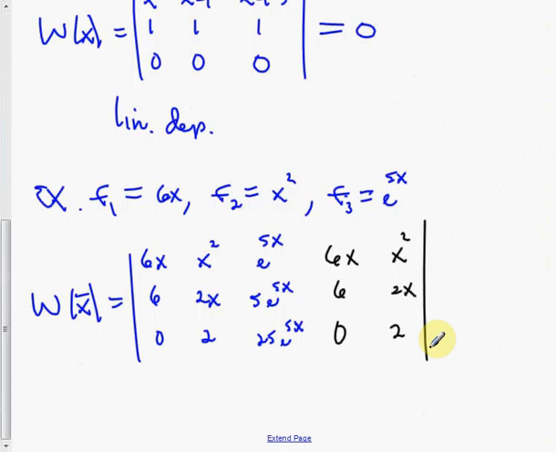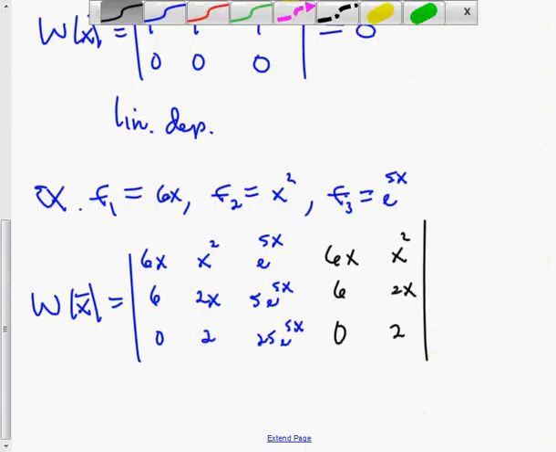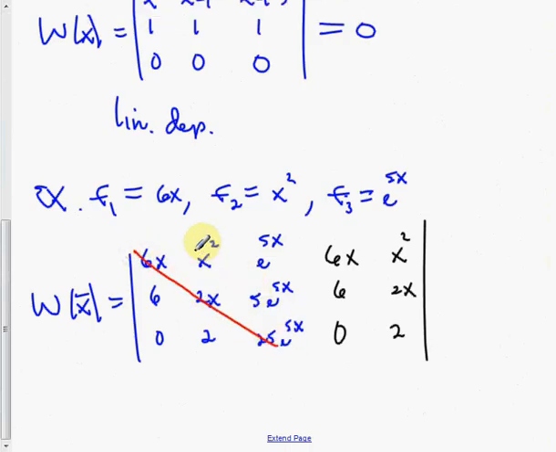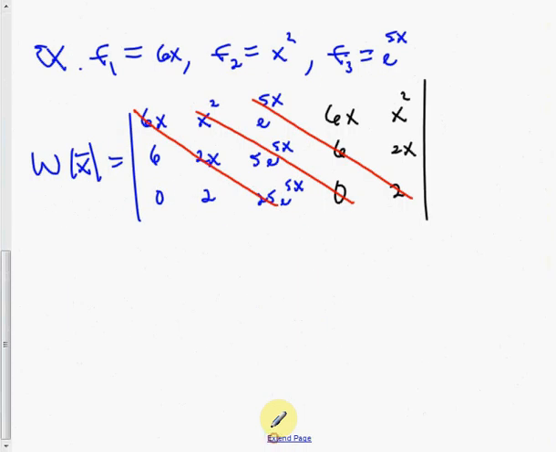If you wanted to list that first column and then the second column, didn't you do this in physics? There, you multiply these terms together, multiply those terms together, multiply those terms together, right? So here, that would be the 12x squared times that 25 e to the 5x, plus 0, plus here 12 times e to the 5x.